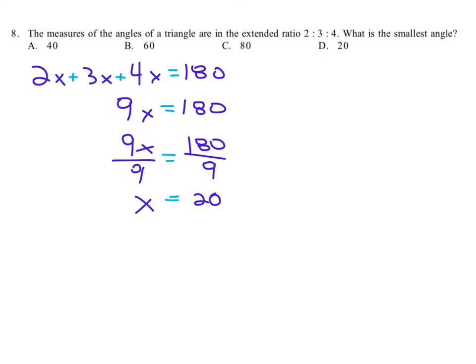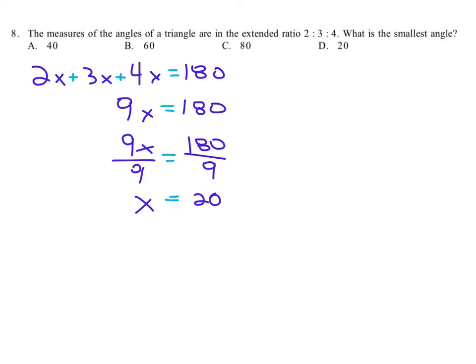Now notice, because none of those angles had a value of x, none of the angles actually measure 20. We've got 2x, or 2 times 20, 3x, or 3 times 20, and 4x, or 4 times 20, to find the 3 angles.